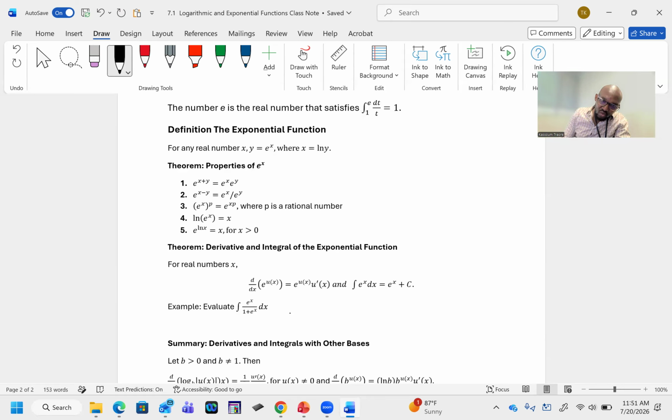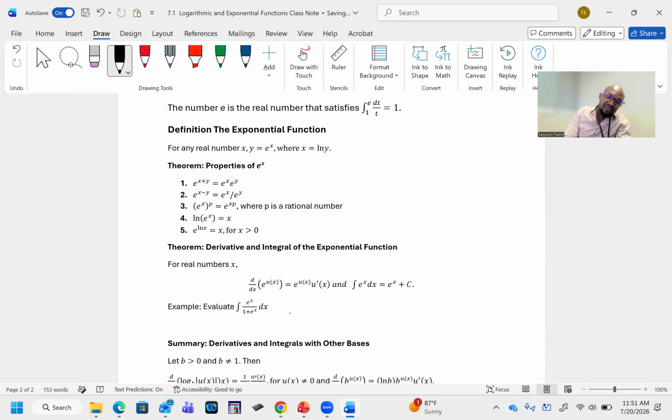So whatever the power is, you find the derivative and multiply by it. And the integral of e to the power of x dx is what? E to the power of x plus c. So we will be using this one when we are looking for the antiderivative as well, okay?